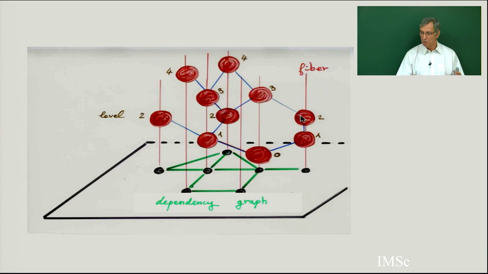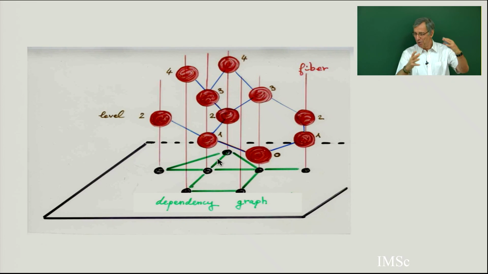Each pile of balls projects on the graph, on the vertices. Now the condition to have a heap is that when you have 2 balls that project on 2 vertices which are dependent, if you lift the balls, moving them on the vertical line, they are going to collide.